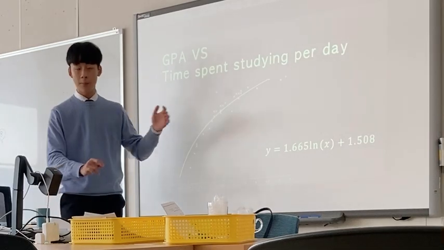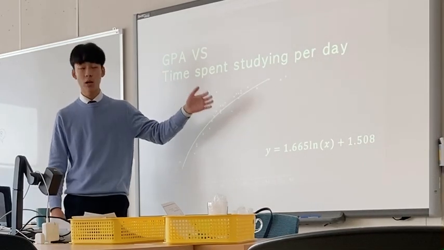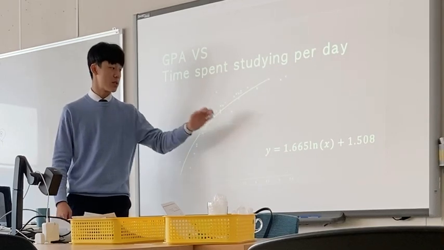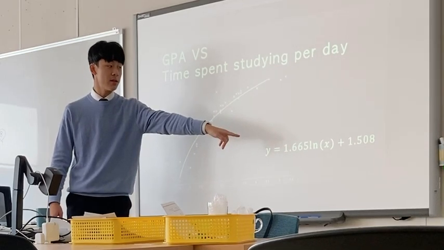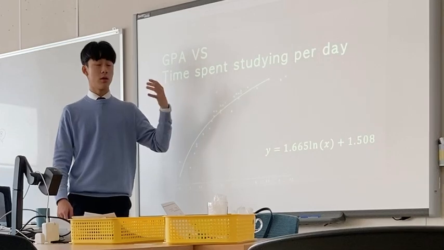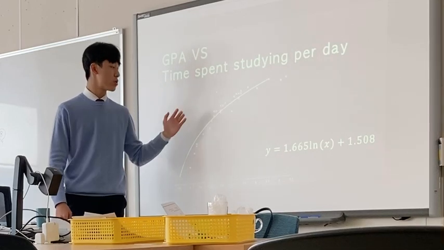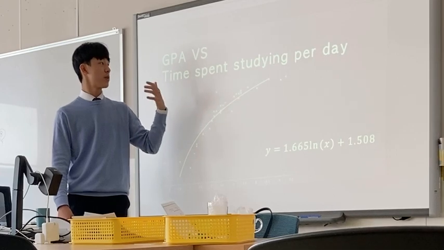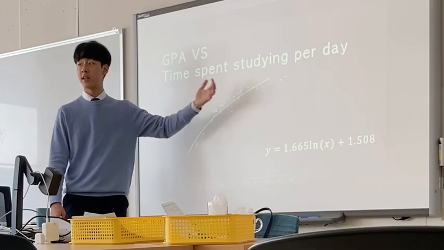So let's take an example of how that definition is applicable in each of these situations. In here, we use the mathematical concept of log, like ln, which is a logarithm, in order to describe the system of students spending time studying each day and then getting a GPA.